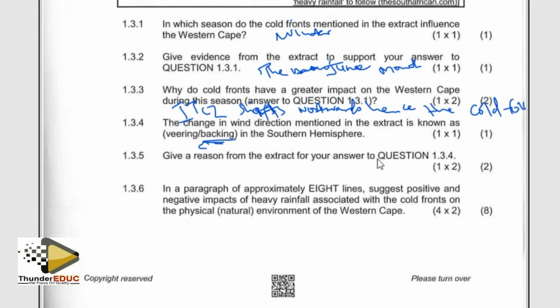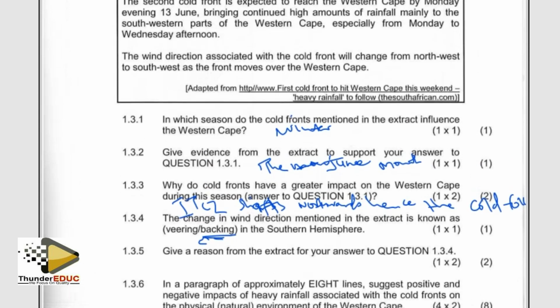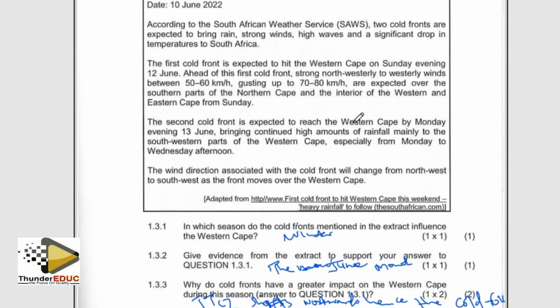It is given in the extract somewhere. When you go back to the extract, they say the wind direction associated with the cold front will change from northwest to southwest.